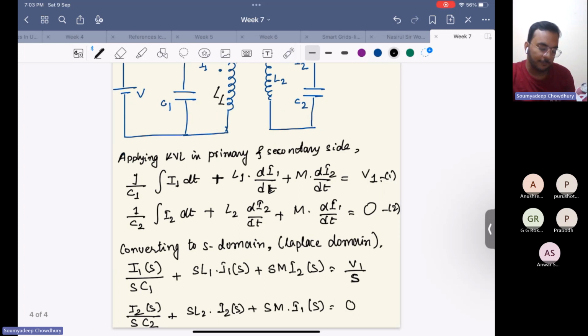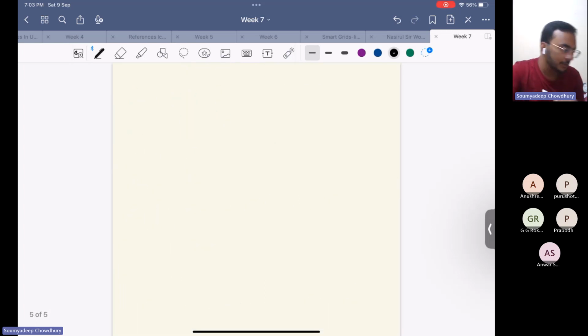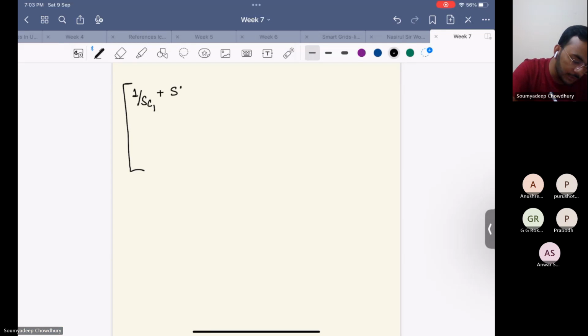Okay, so now we need to find I1 and I2, and all the other terms are known to us. So we can form a matrix, right? If we write the above equations in the form of a matrix, it will be like this.